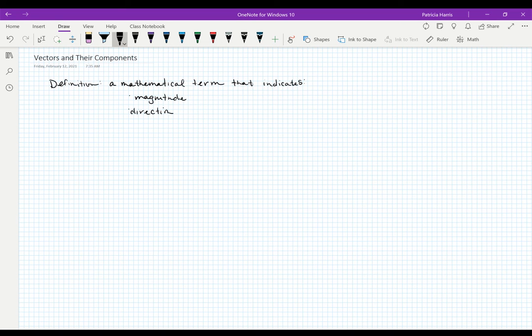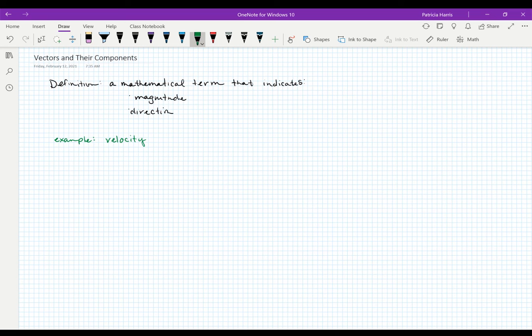So velocity is considered a vector. For example, I ran at a 5 mile per hour pace due east. That would be a vector.